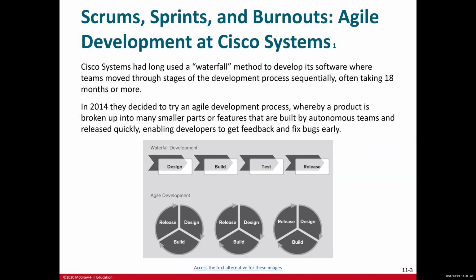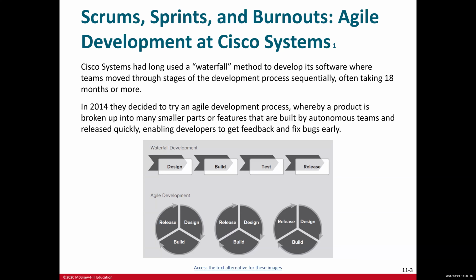Like any other chapter, this chapter starts with a very interesting case study, and it's about Cisco and how Cisco transformed its method from a traditional way to a very modern approach. And how did it work for them?